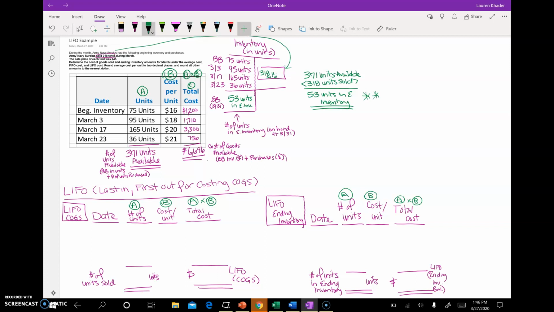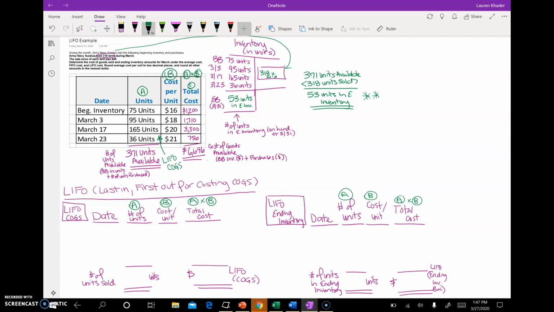It doesn't matter if we actually sell our units this way. We could actually be selling our units FIFO wise, first in, first out, especially if I'm talking about produce and such. But for accounting, for how we're going to expense items, we're going to go from the newest purchases backwards.